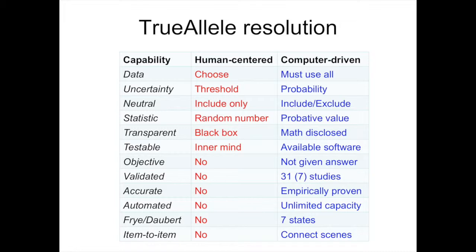It's not transparent in the sense that it's the black box of what's going on in somebody's head, as opposed to disclosed mathematics that can be tested with available software and provided to all parties and rerun and validated. And basically, the human approach is not objective. There's been no validation studies on it that I know of. There have been over 30 studies, 7 peer-reviewed on TrueAllele. The answers aren't accurate.